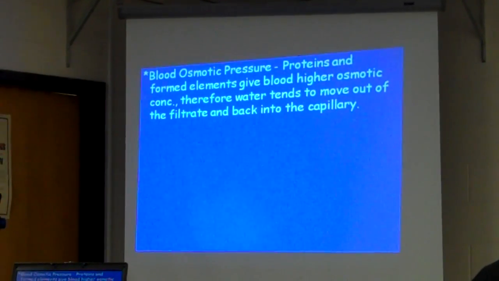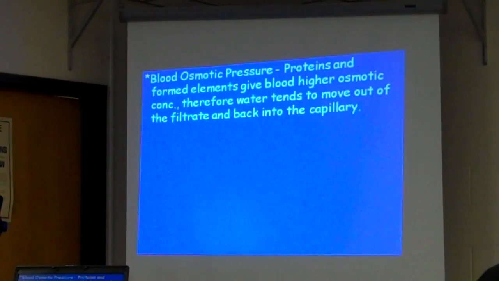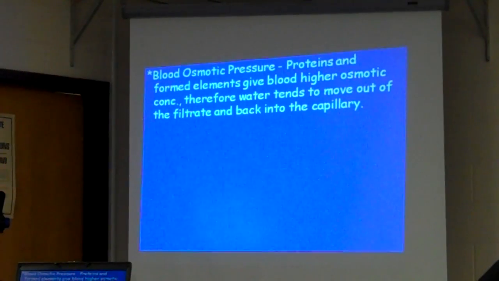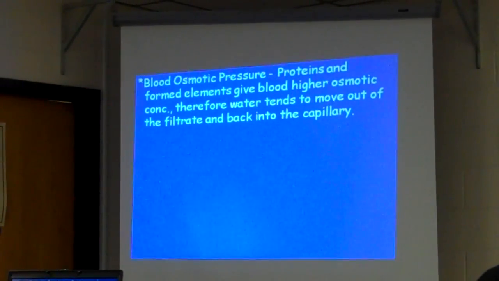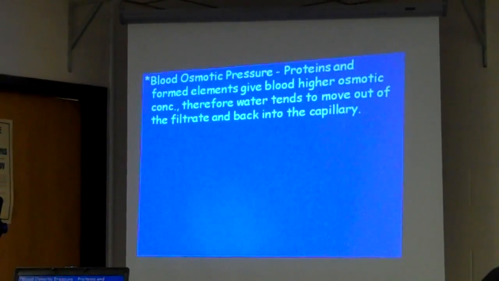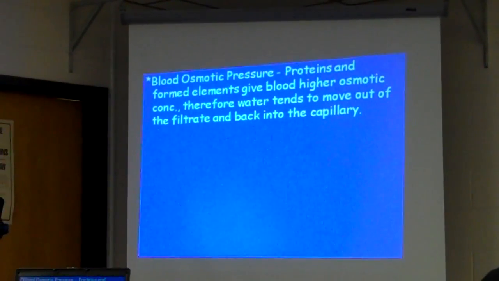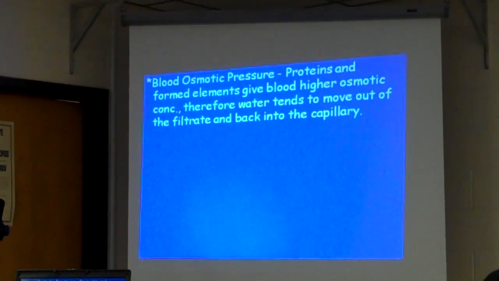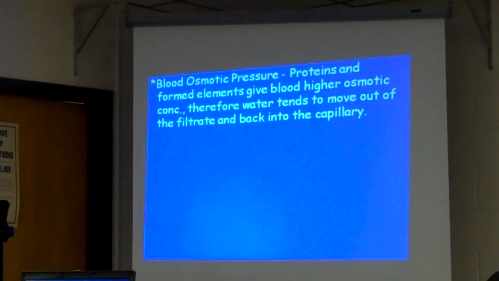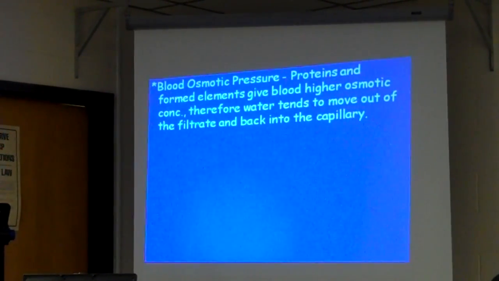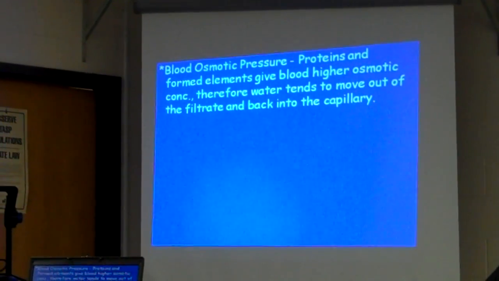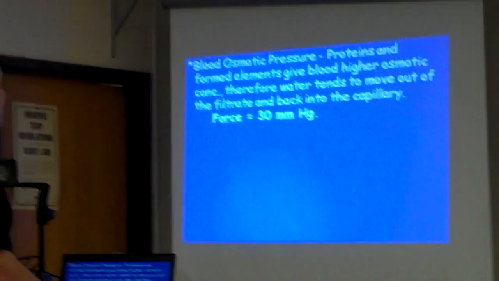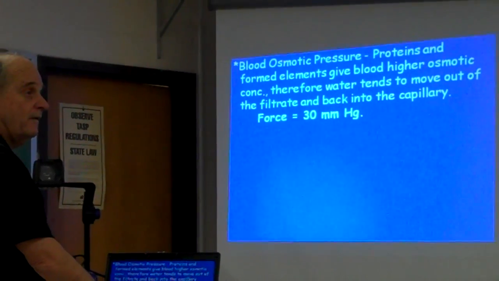Therefore, water tends to want to move back into the blood, from the initial filtrate back in. You get the picture? The proteins and formed elements give blood a higher osmotic concentration, so water tends to move out of the filtrate and back into the capillary. That blood osmotic pressure is about 30 millimeters of mercury.